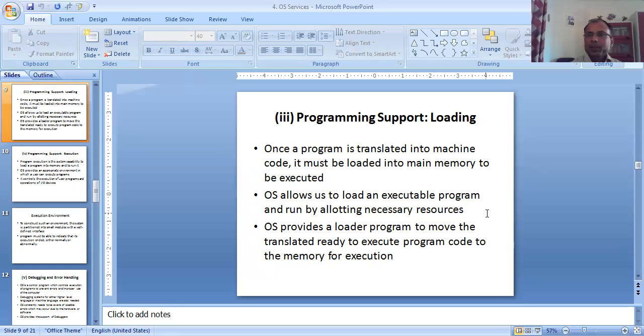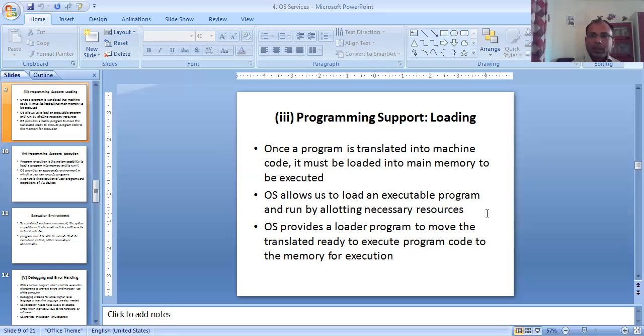So linker software will combine the different libraries or packages or different separately compiled files into a single file, which will be an executable file. Executable file is the ready to execute file, which can be put into the computer memory, and after putting into the computer memory, it will start executing.